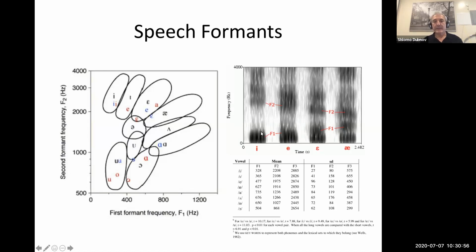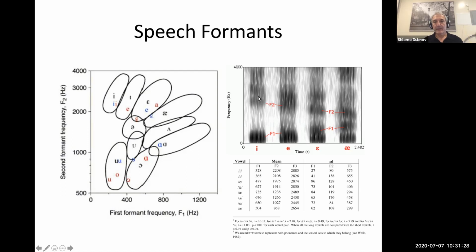But if we just take the first two, formant 1 and formant 2, this is a spectrogram analysis of E, and this is of A, okay? And as we observe the first two formants going from E to A, we can plot the phonemes, or the vowels, in this two-dimensional space of formant 1 and formant 2.